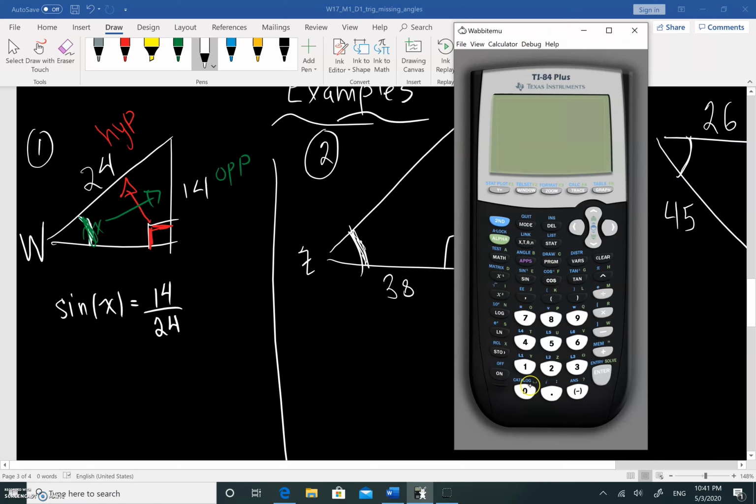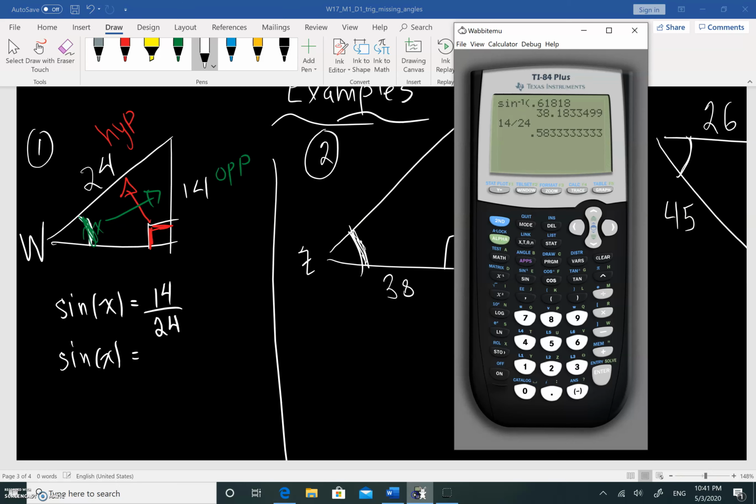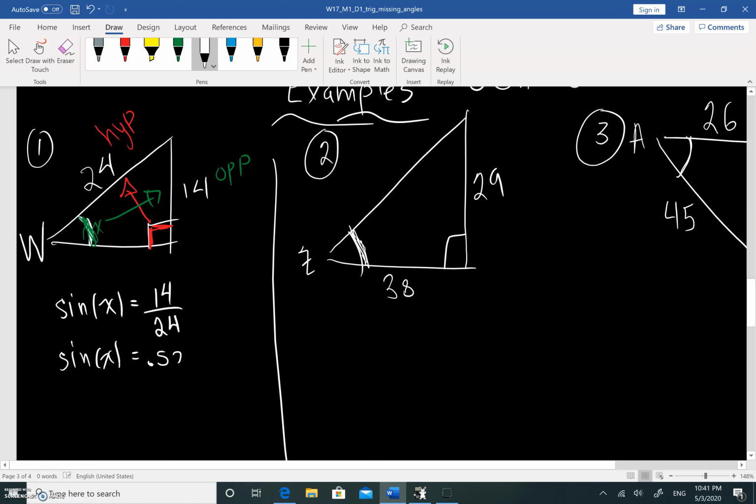We have 14 divided by 24, that gives me sine of x, and I'm going to use the first 5 decimal places. So that's going to be 5, 8, and then 3 repeated. So 0.58333. So those are the first 5 numbers.